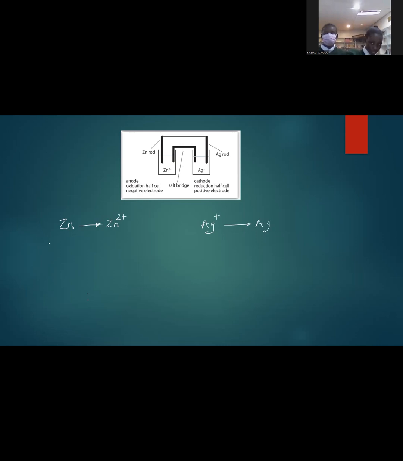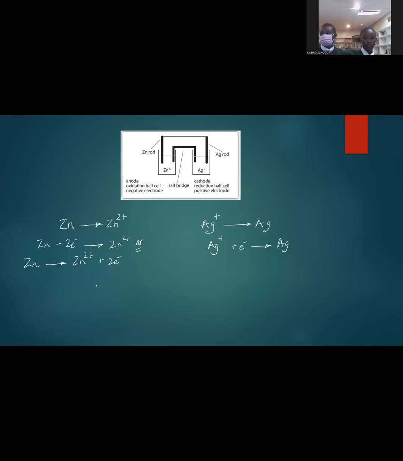If I want to include the electrons, then it is either zinc loses 2 electrons to become Zn2 plus, or Zn turns into Zn2 plus and 2 electrons. Over here, Ag plus needs an electron to turn it into Ag.